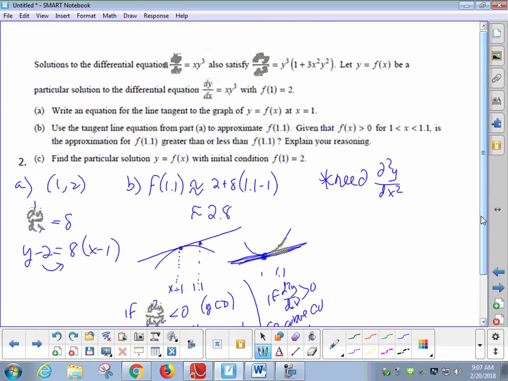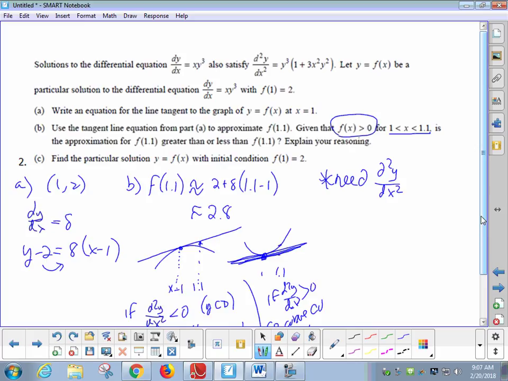I had to read a little carefully in here. They say, given that f of x is greater than 0, I thought, why? For x between 1 and 1.1, from where we're tangent to where we're estimating, is the approximation greater or less?